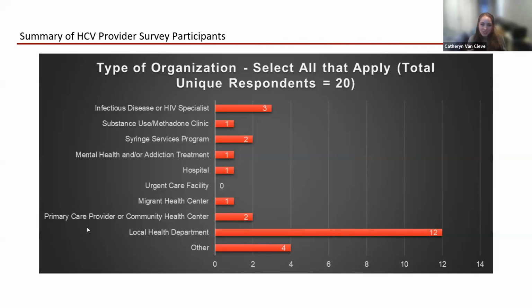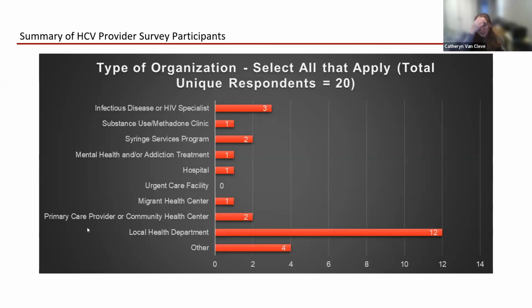Unfortunately, as you can see above that local health department bar, we were not able to get a lot of primary care providers and people in family practice settings to give us that same buy-in.